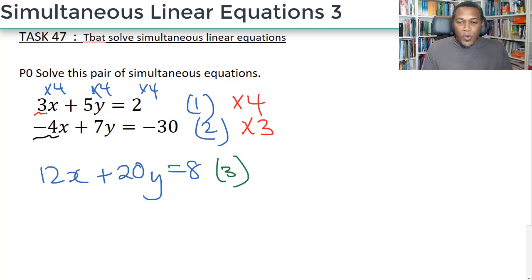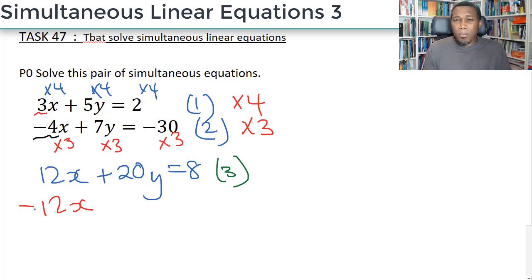In terms of equation 4, what do we have? We're going to multiply equation 2 by 3, which means that the minus 4x needs to be multiplied by 3, the 7y needs to be multiplied by 3, and the minus 30 needs to be multiplied by 3. That will give me minus 12x. We're going to deal with how we deal with that minus, but you can see what's happening.